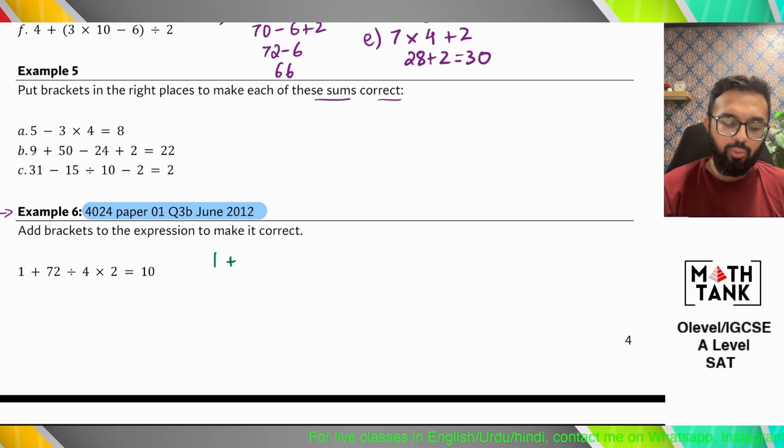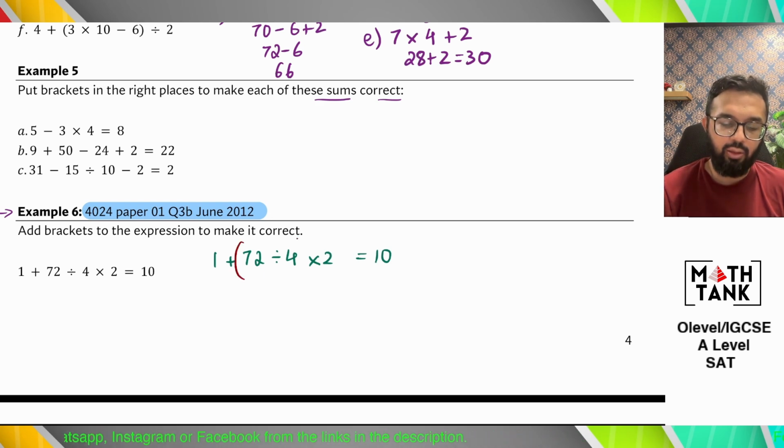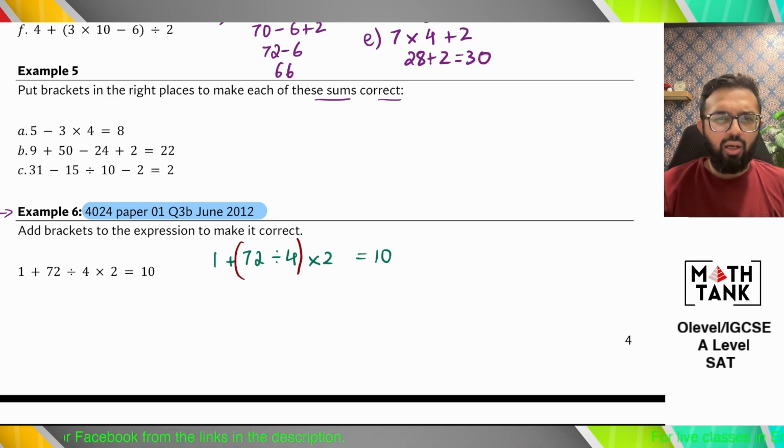Okay, so what is going on in my brain is that if I do 72 divided by 4 first, let's say I put the brackets in here first, that will give me a very large number. 72 divided by 4 should give me around 18. Okay, then 18 into 2 will give me 36. I don't want 36, I want 10. Okay, so I've got to come up with a smaller number, which means that I must divide 72 by a bigger number to reach a smaller number.